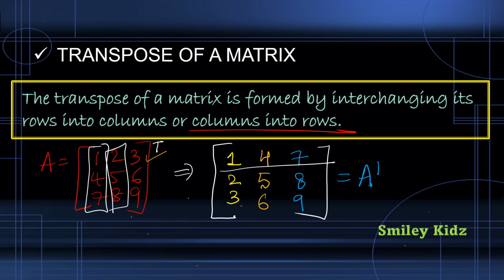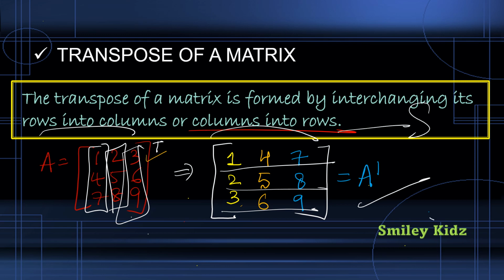Then if I convert the 2, 5, 8 column into the second row, it will be 2, 5, 8. Then 3, 6, 9. Isn't it the same? So either you convert rows into columns or columns into rows, it will be the same. So what is the transpose of a matrix? Well, it is formed by interchanging the rows into columns or columns into rows.